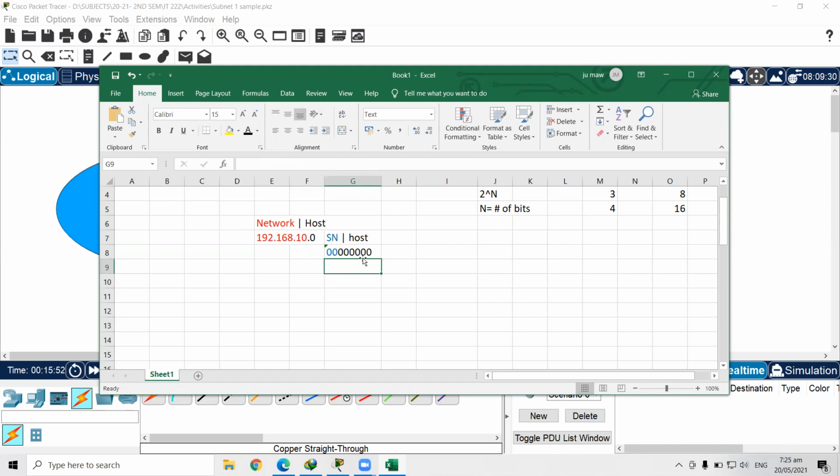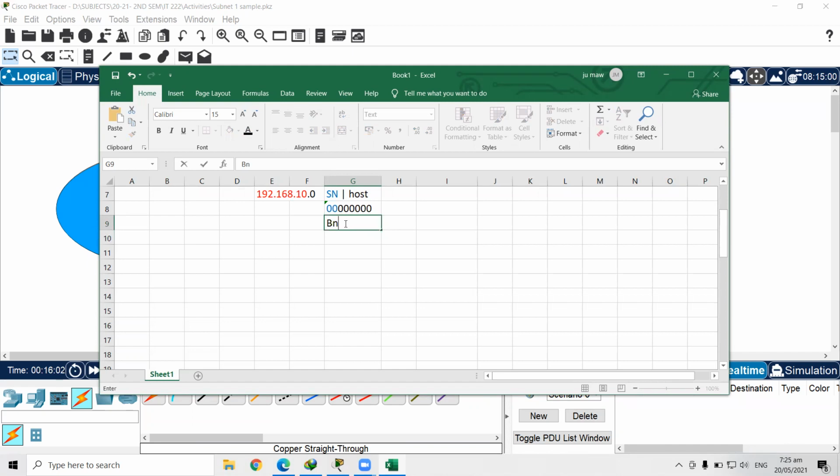Okay, yung parts na. So let's try now to have the binary sequence for the subnet. Always have the binary sequence sa subnet portion, para malaman natin yung values ng subnets.